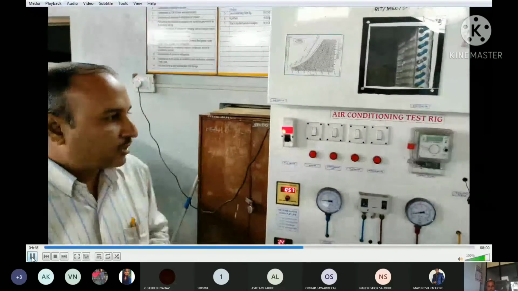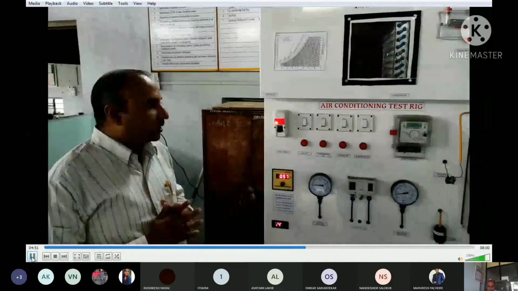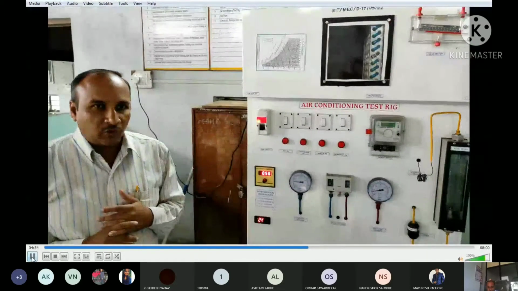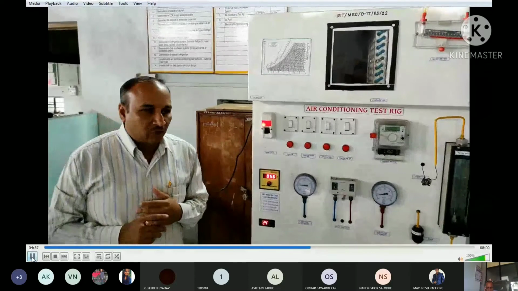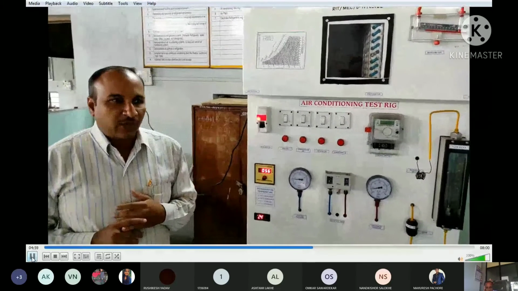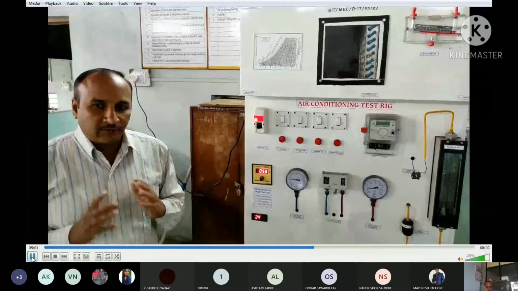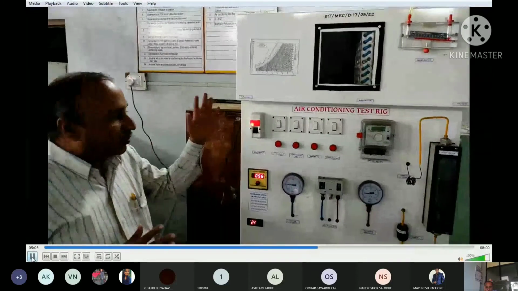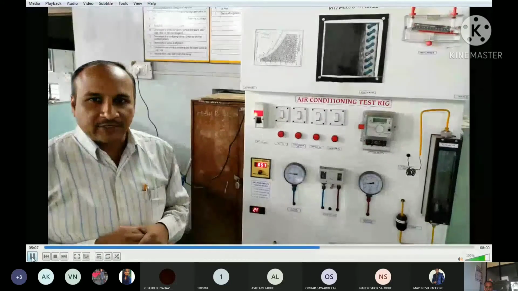The number of phases P is equal to 1 and the number of components is 2. So F plus 1 is equal to 2 plus 2, which becomes 4. So F is equal to 4 minus 1, which becomes 3. So we require three properties to define any one point on this psychrometric chart.